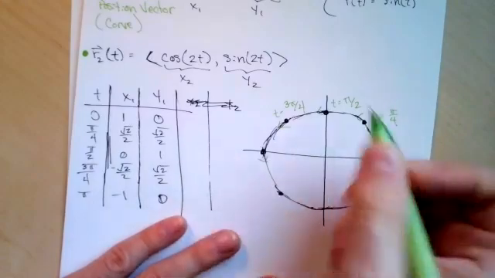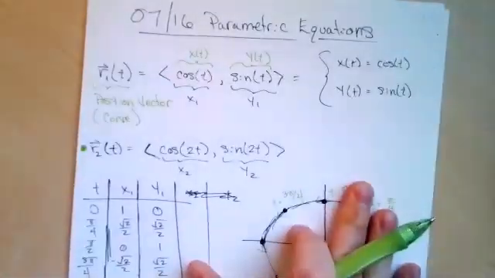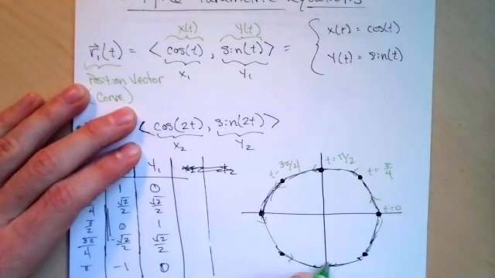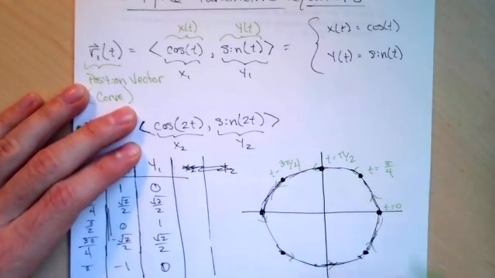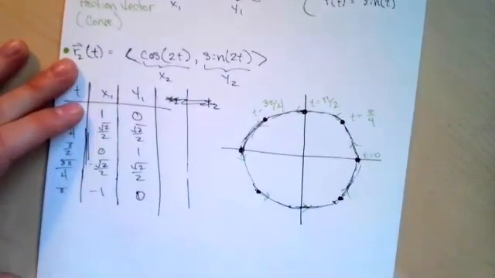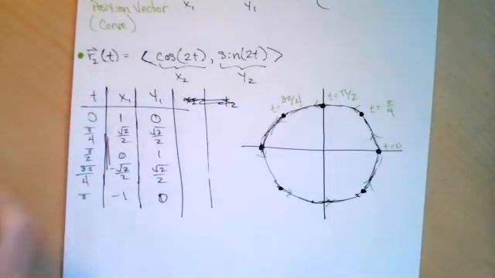Yesterday we saw that if I just switch the sine and cosine of the x's and y's, not only am I changing the starting point, where t equals 0 is, but we also change the direction we're going around the curve. So that's going to play an important role in velocity a little bit this semester, and definitely in Calc 3.